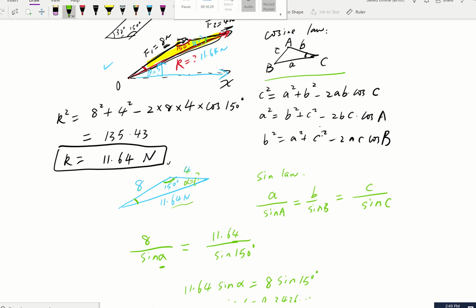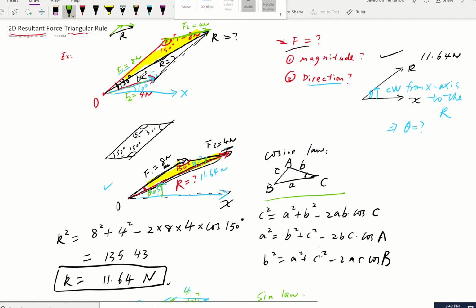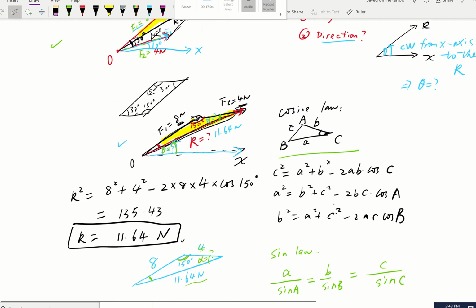Well, how would solving this angle help us find the direction of our resultant? Because that's our goal. We're curious about this theta right here, right? So now let's go back to this first picture right here. This angle we just found, which is our alpha, is 20.1 degrees.